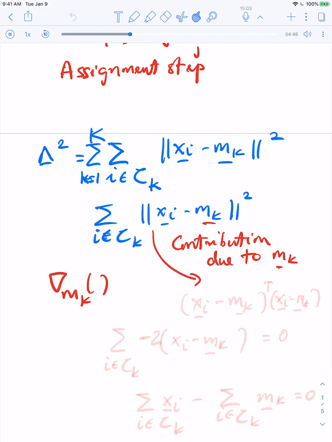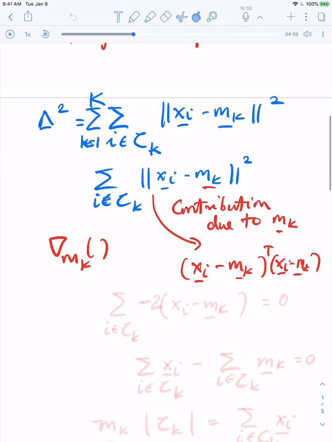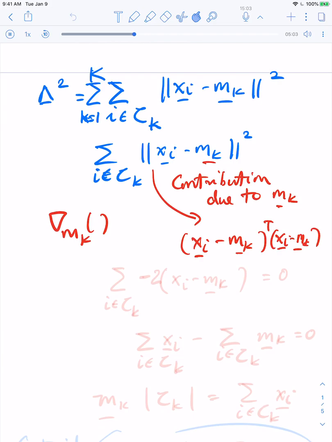This is just xi minus mk transpose xi minus mk, and when I take the gradient of this with respect to mk, when I differentiate with respect to the first mk, I'll get minus (xi minus mk), and when I differentiate with respect to the second mk, I also get the same thing, so I get minus 2 times that is the gradient of the ith term there, and I sum over i in ck, and this gradient has to be equal to 0.